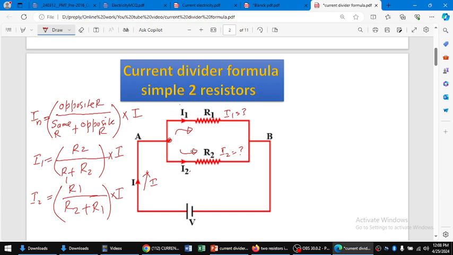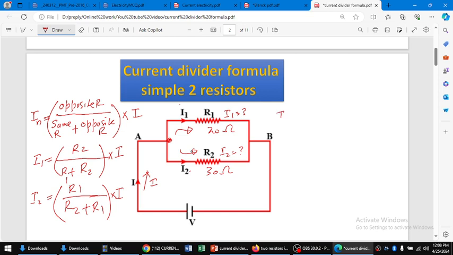Okay, so I solve a simple problem. Suppose R1 is 20 ohm and R2 is 30 ohm. We need to solve I1 and I2.